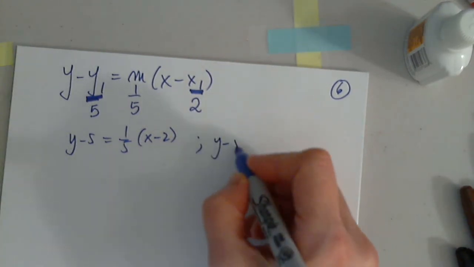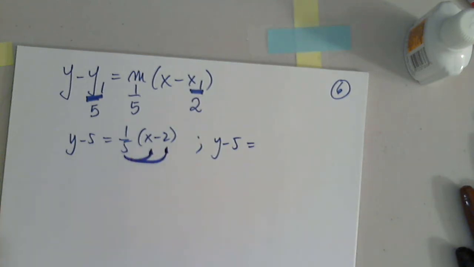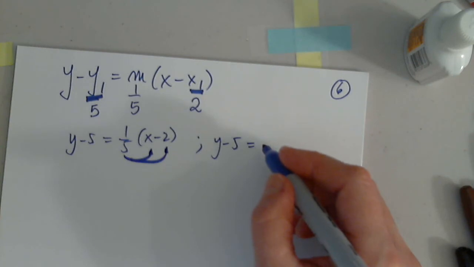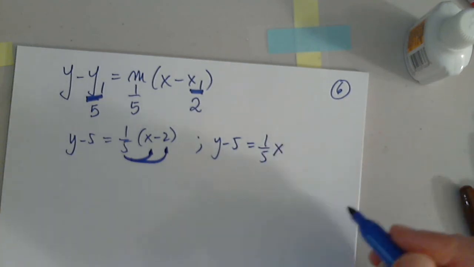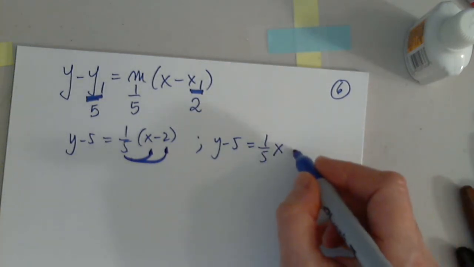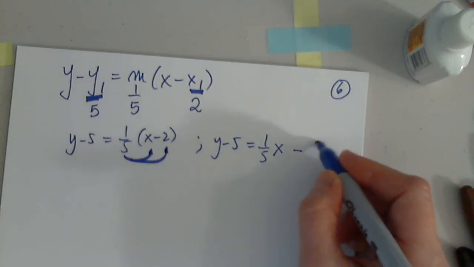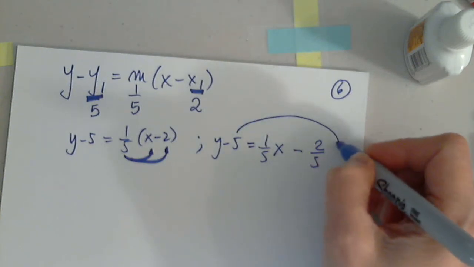So we have y minus 5 equals, and I want to distribute 1/5. What do I get? x over 5. So we have 1/5 x, or x over 5, that's correct, and then minus 2/5. Very good.